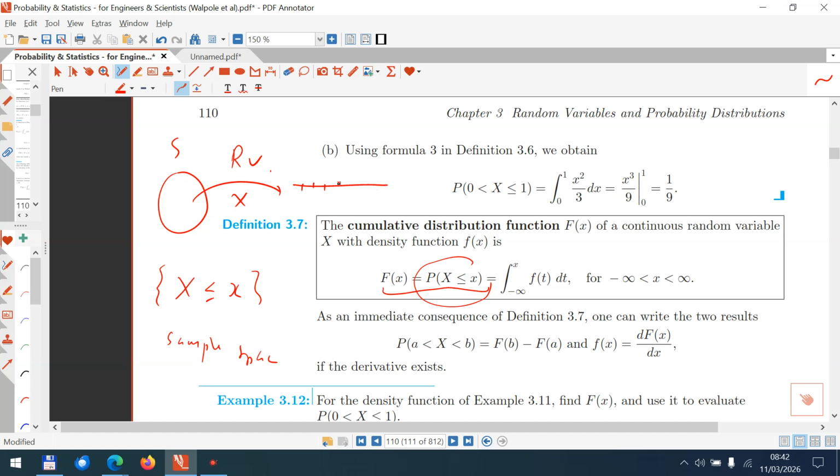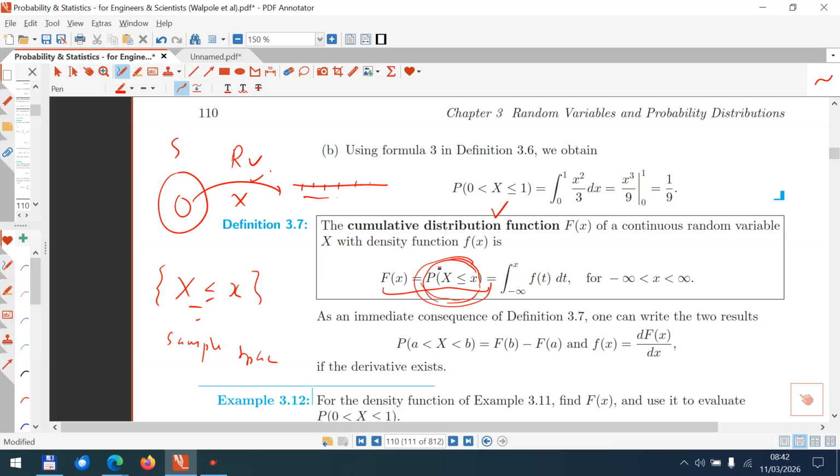Whether you assign discrete values or continuous values, that is your problem. Sample space is sample space. So this will be just some event there, and we don't want this event to change. This will tell us that we are looking for the CDF. So this definition must not change, otherwise we will have problems.